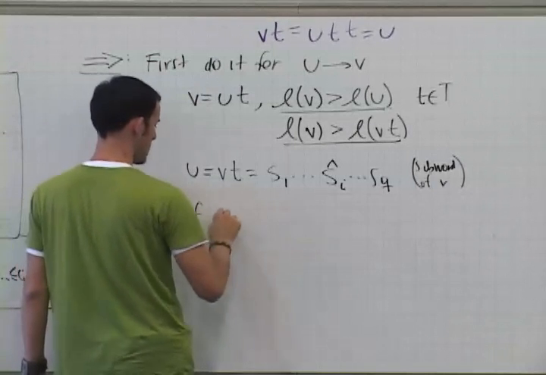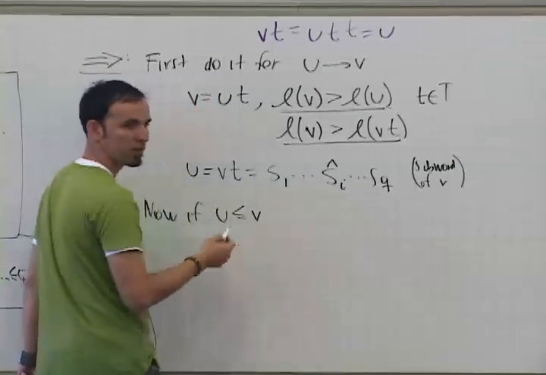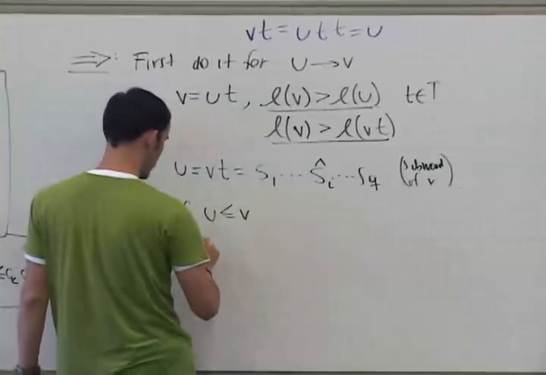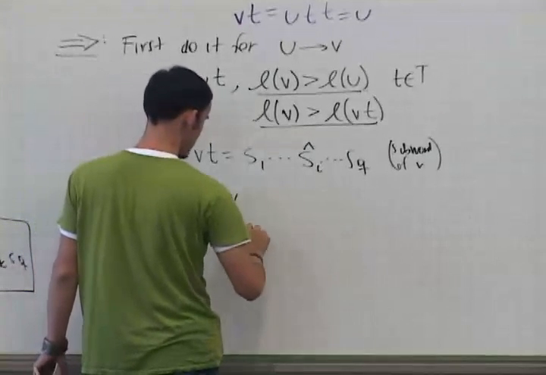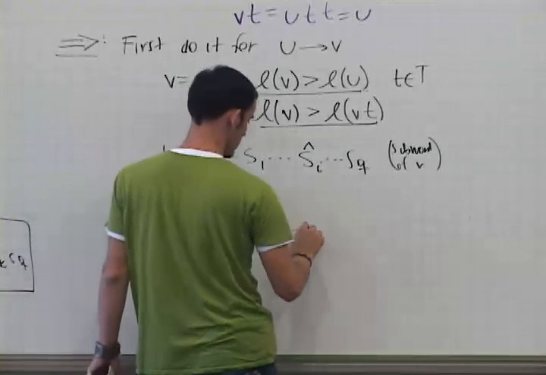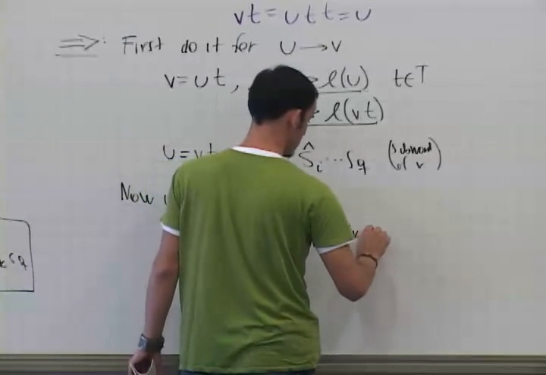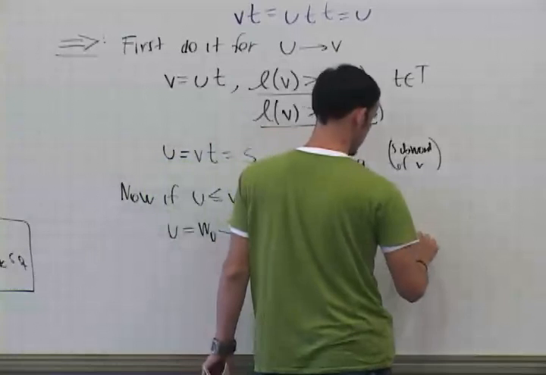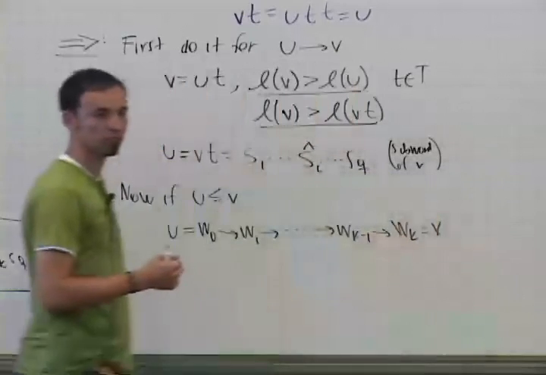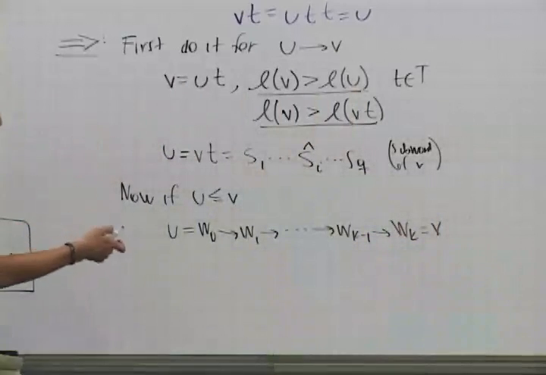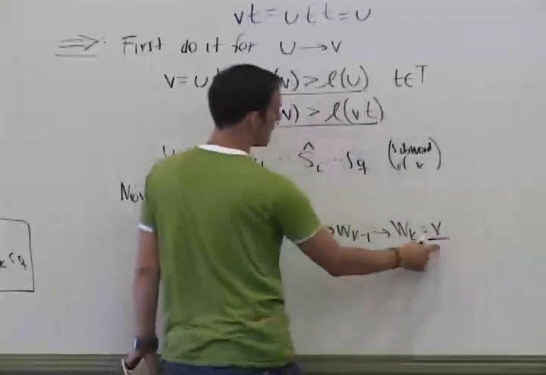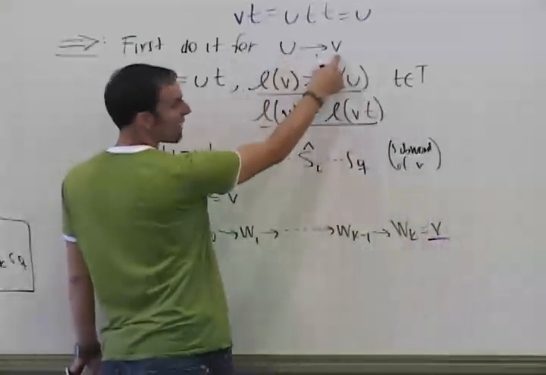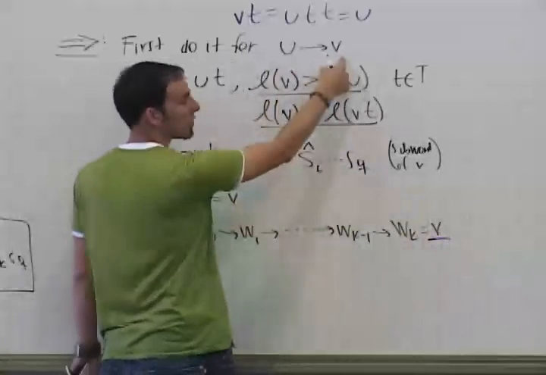Now if I have U is less than or equal to V, then that means that I have a sequence of arrows from U to V, and I can apply what I just said, right? Here I have some V, then whenever I have an arrow, that means that this guy is a subword of this one.